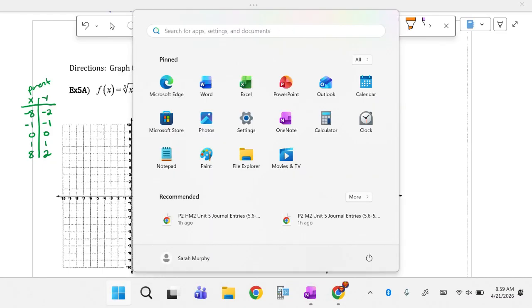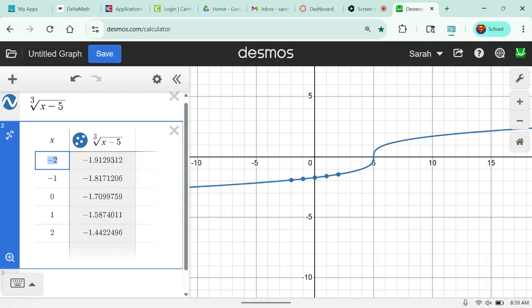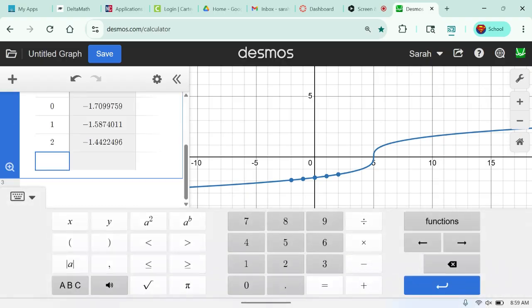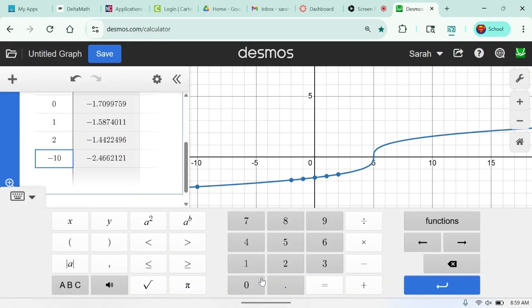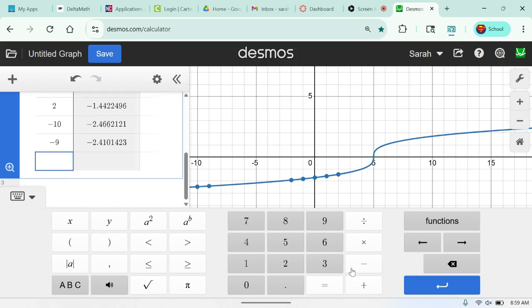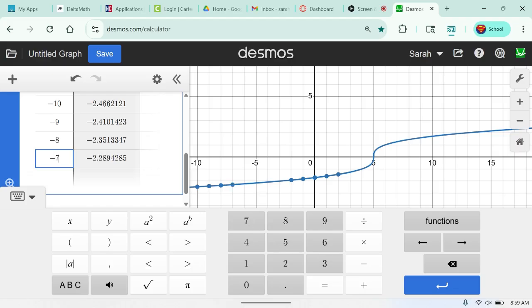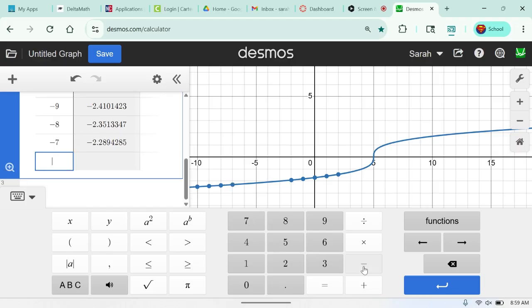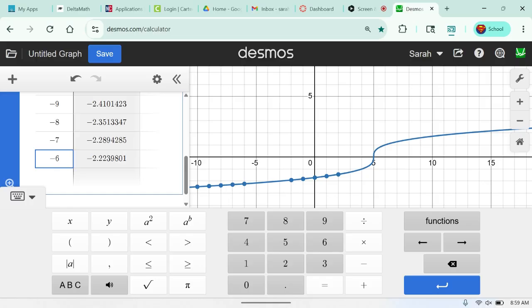So that's what I'm going to type in. So I'm going to have -10. Doesn't work. Try -9. Doesn't work. -8. Doesn't work. -7. Doesn't work. -6. Doesn't work. -5 doesn't work. -4 doesn't work. -3. Oh, we got a winner. So that'll be my first point.